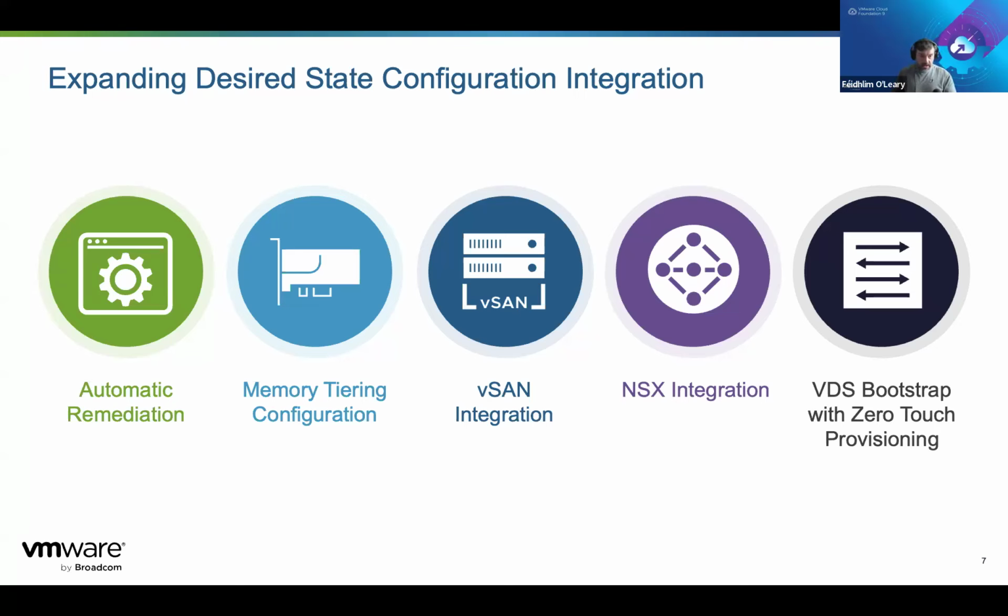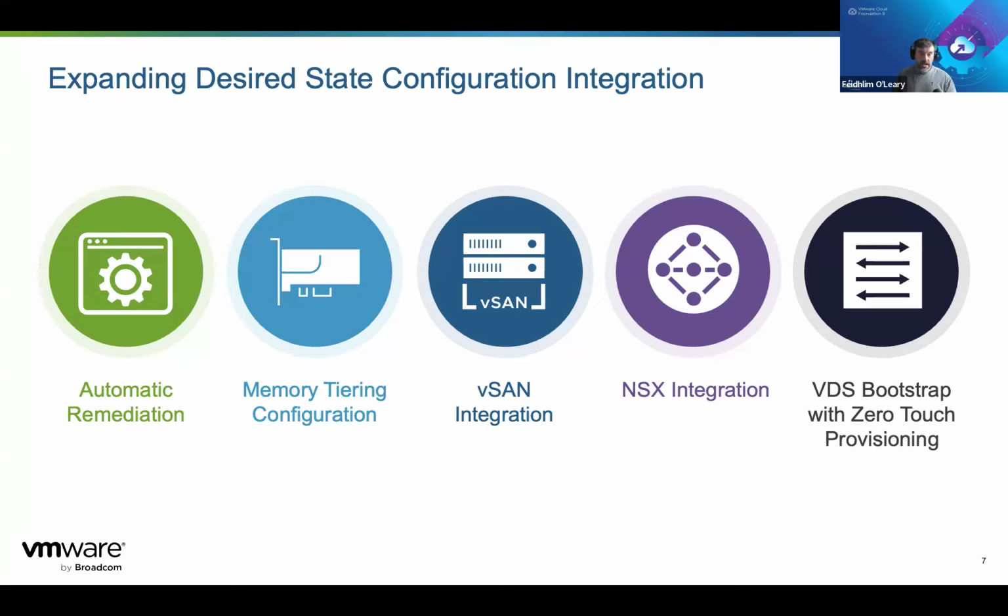There's automatic remediation, which allows for automatic remediation to happen when a new host is added to a cluster. And we will look at demos of automatic remediation, memory tiering, and a little bit of the vSAN integration. And the last bullet here is VDS Bootstrap with zero-touch provisioning.